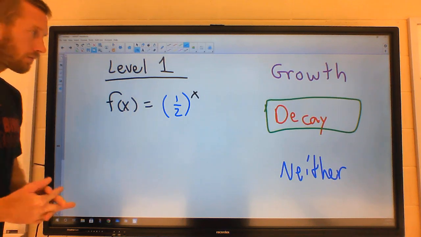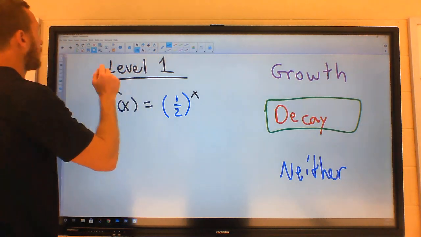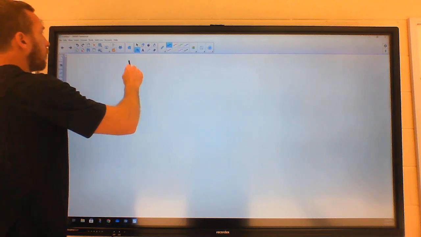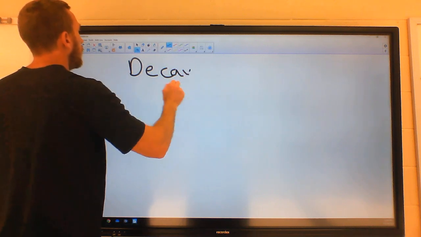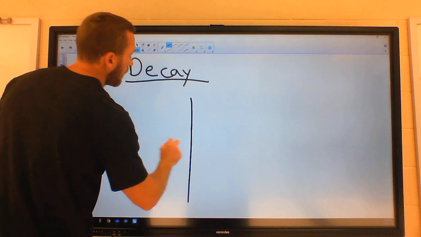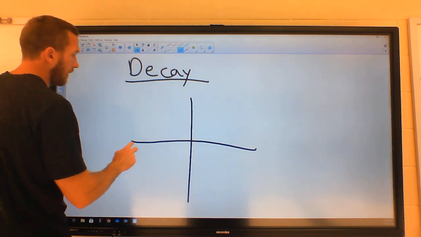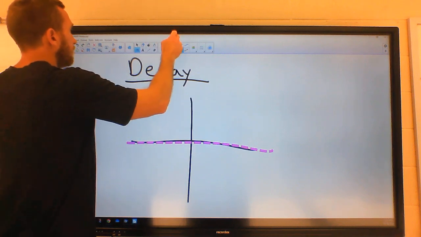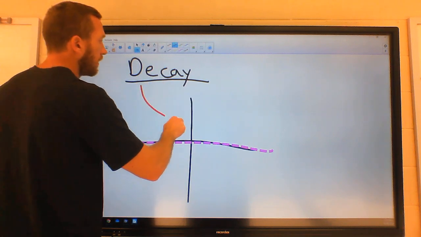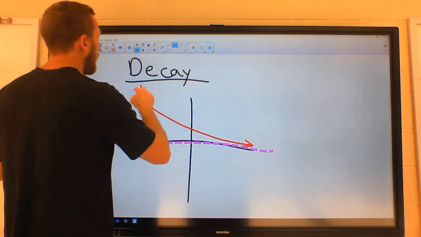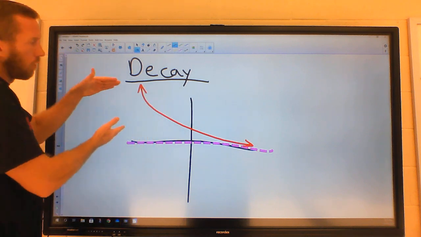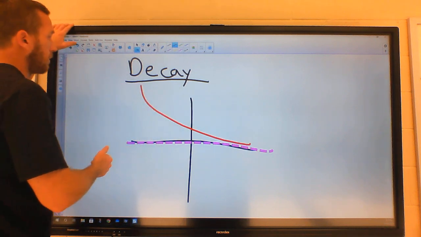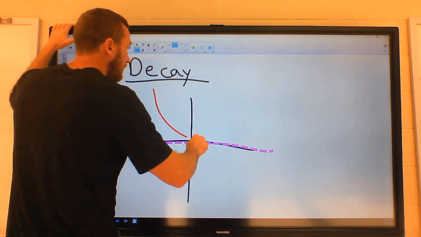Yes? Okay, let me give you the basic viewpoint of what decay functions look like. Decay functions, and I'll just draw a basic asymptote at 0, have an asymptote, and the function decays into that asymptote over time. Maybe that's not the most beautiful curve, and it could even be steeper.